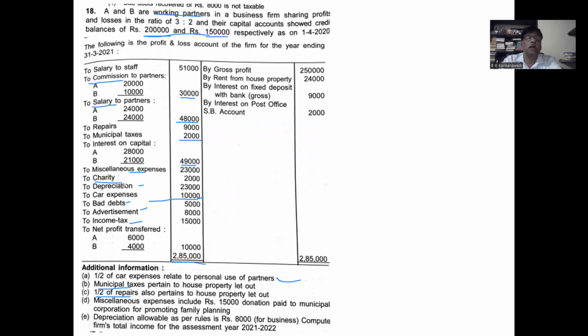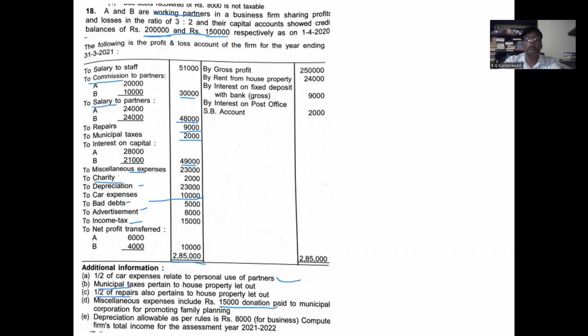Repairs is, I think, 9,000. Out of 9,000, 4,500 is relating to business. 4,500 is not related to business. Therefore, 4,500 is disallowed. Then miscellaneous expense include 15,000.